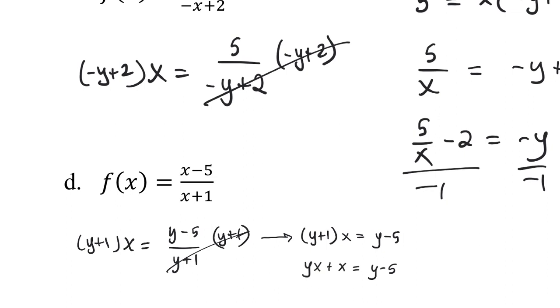Just to be consistent, I always move the y terms to the left side and the non-y terms to the right side, but that's just me. So I'm going to subtract this y over here and then subtract this x over here like that. So cancel the y, cancel the x. So I get yx minus y equals the opposite of x minus 5.